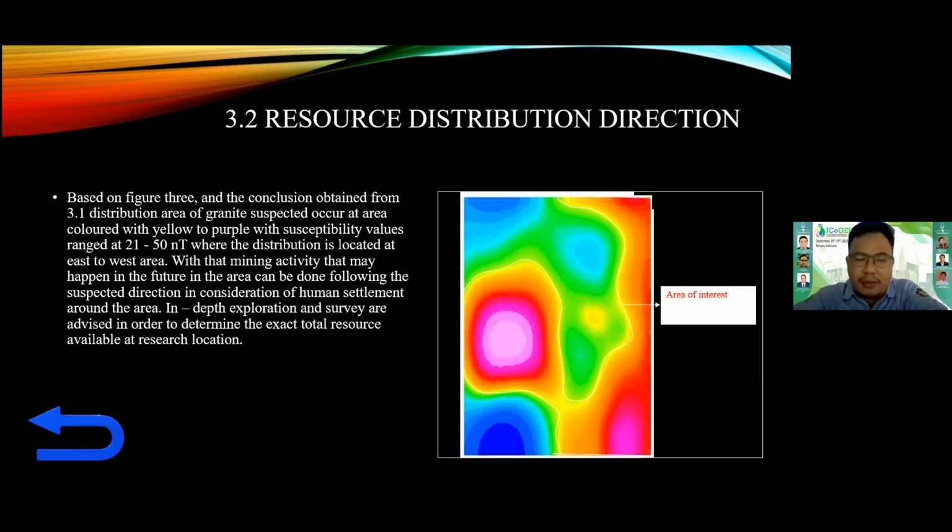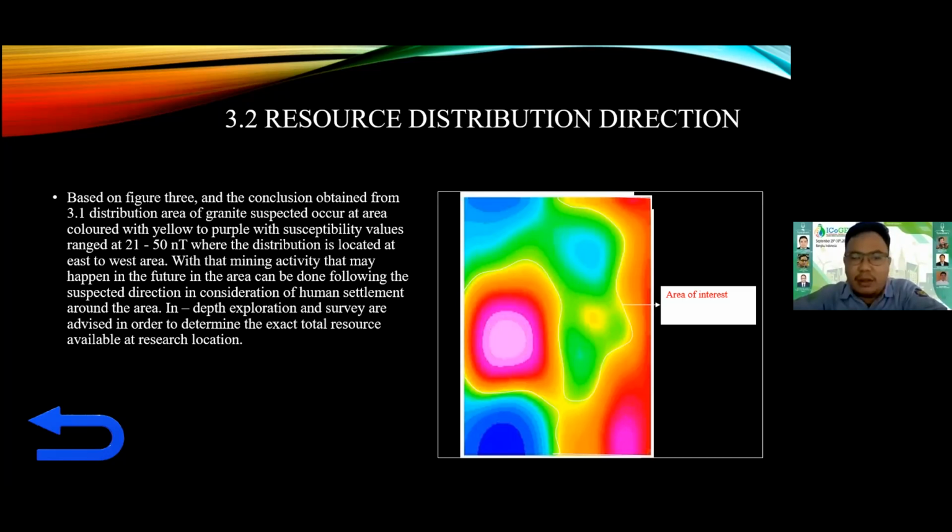And in this part, we are concluding where mining activity may happen in the future, to avoid harmful activities that may harm nearby human settlement and make it more sustainable.